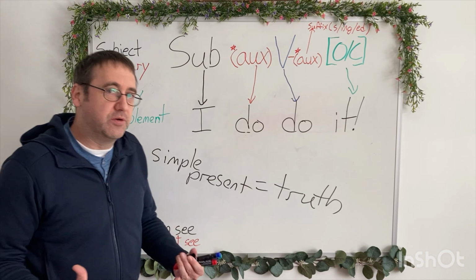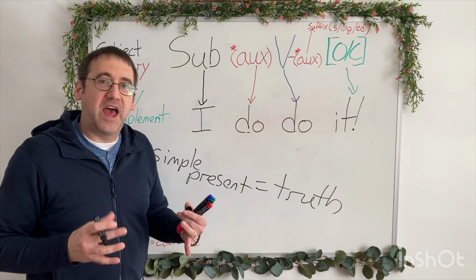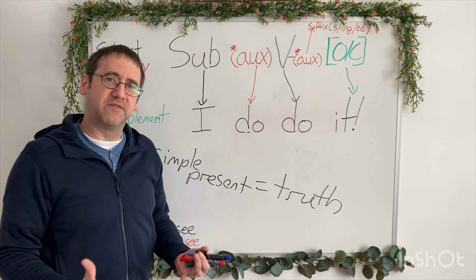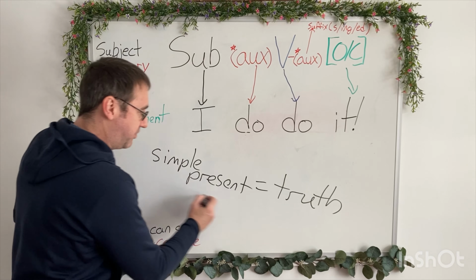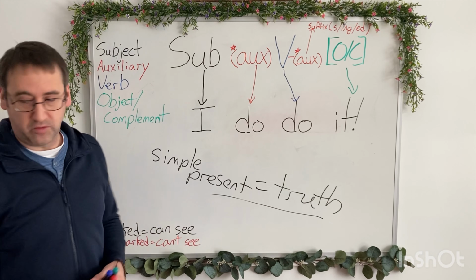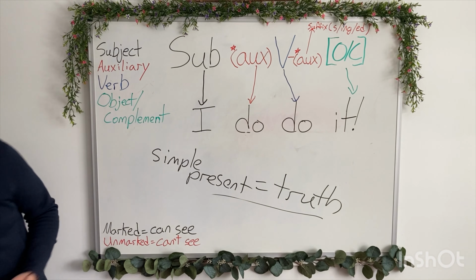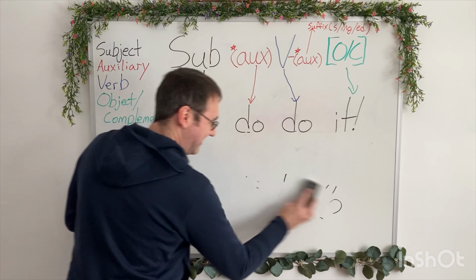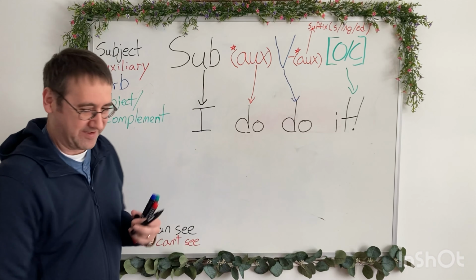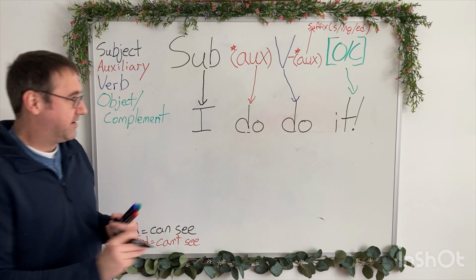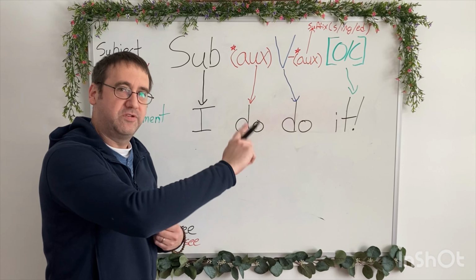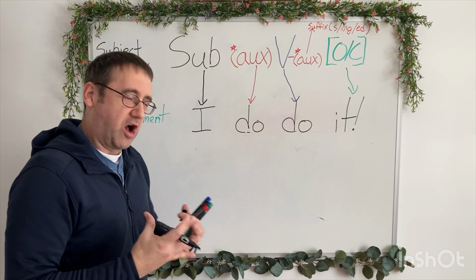And when I say truth, I mean fact or habit, truth about life, okay? And that's really important to understand here. So when we use simple present, I do it, we're talking about truth.